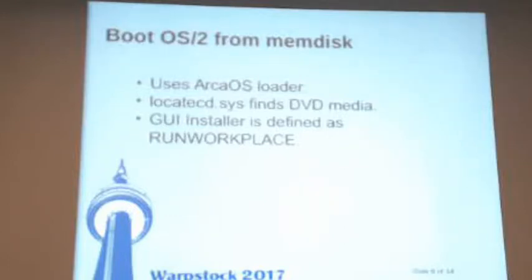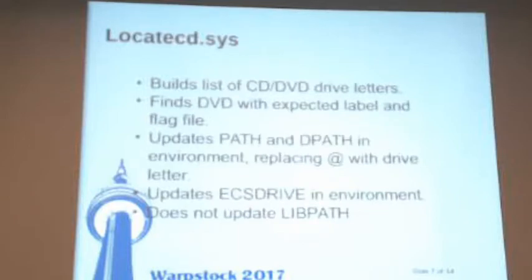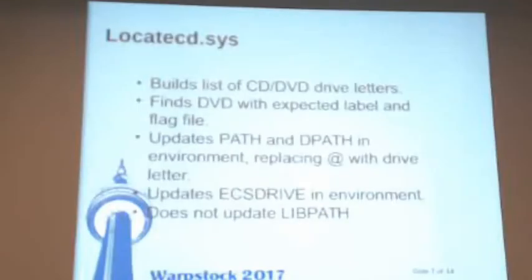A little bit more about locate CD. It uses normal OS2 facilities to go out there and get a list of drive letters. And then it looks for the DVD with the proper label and flag file. If it's successful finding it, then it'll update the path and the D path that's stored in our master environment with the drive letter of the CD or DVD. And it also updates another environment variable, which for historical reasons is still called VCS drive.